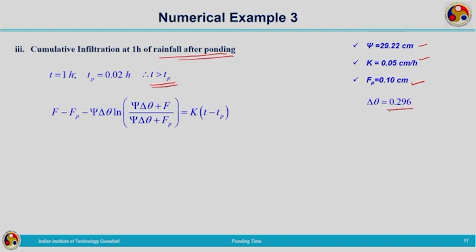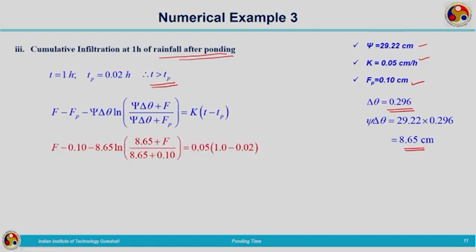Delta theta we have calculated to be 0.296, psi delta theta is calculated as 8.65 centimeters, and we will be substituting those values here. F minus Fp, Fp for cumulative infiltration at ponding is calculated as 0.1 centimeter, and psi delta theta is 8.65, that we have substituted over here.